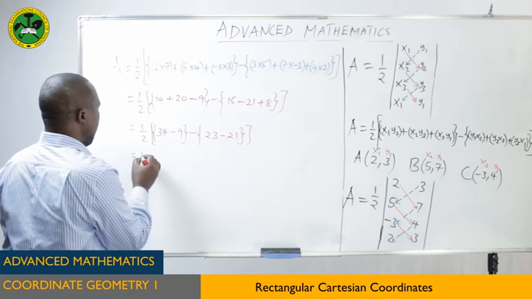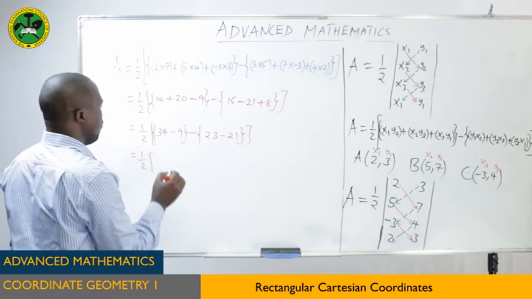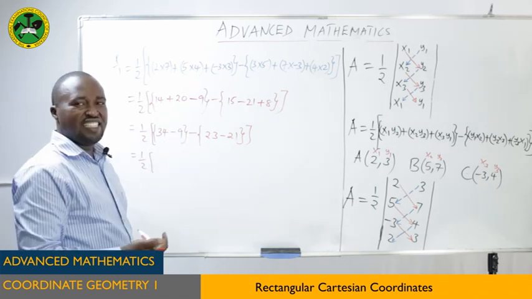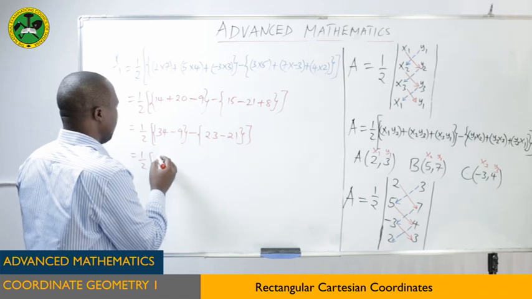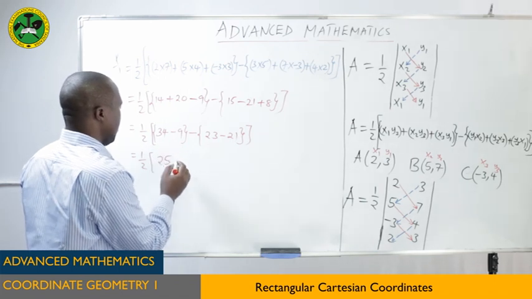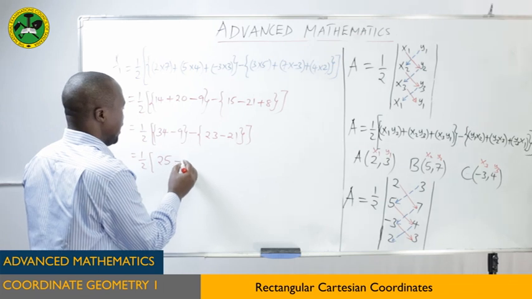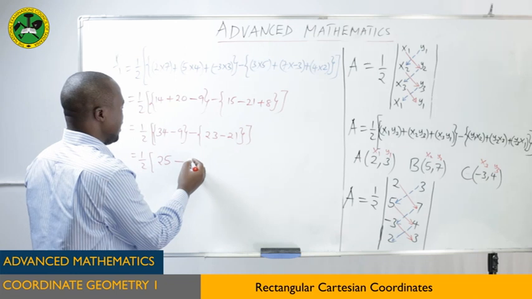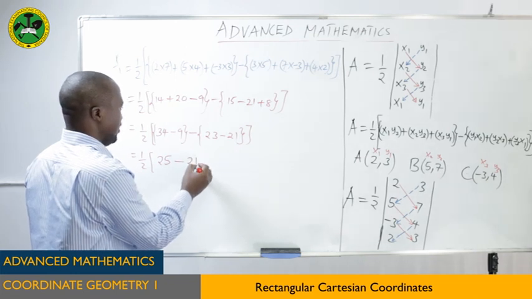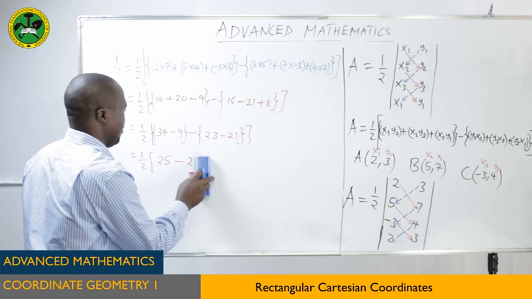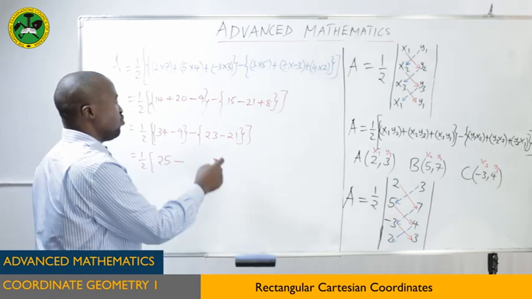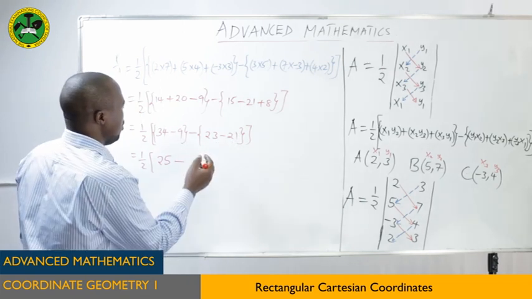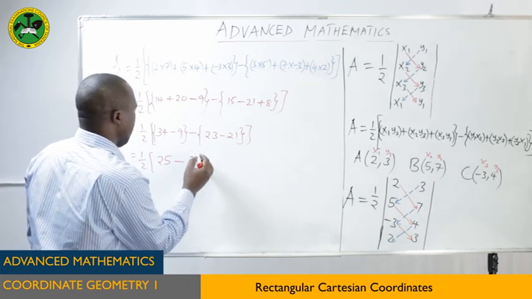So we are going to have a half, bracket of, we have 34 minus 9, that is 25. So here we have 25, minus, we have 23 minus 21. Sorry, that is 23 minus 21. So we are going to have 2.